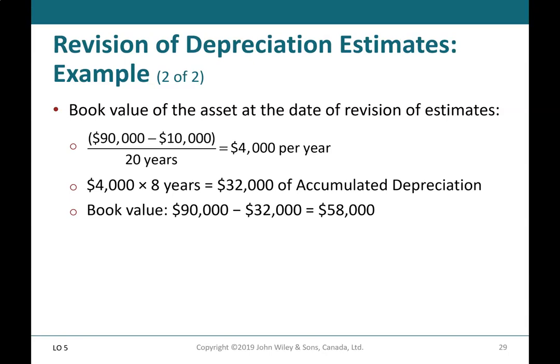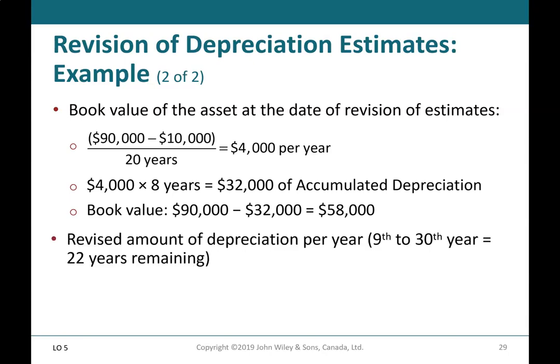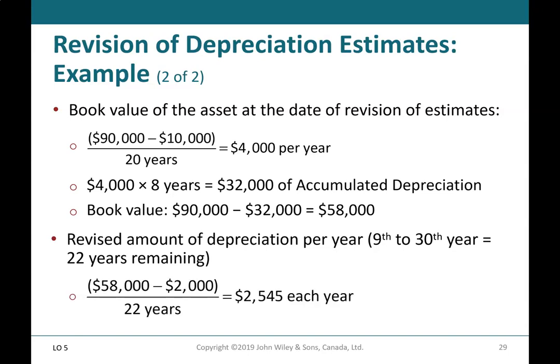So the book value now is $90,000 minus $32,000 equals $58,000. The revised amount of depreciation per year, 9th to 30th year, equals 22 years remaining. So you take the $58,000 minus the $2,000, divide that by 22 years, and that gives you amortization or depreciation of $25.45 each year now.